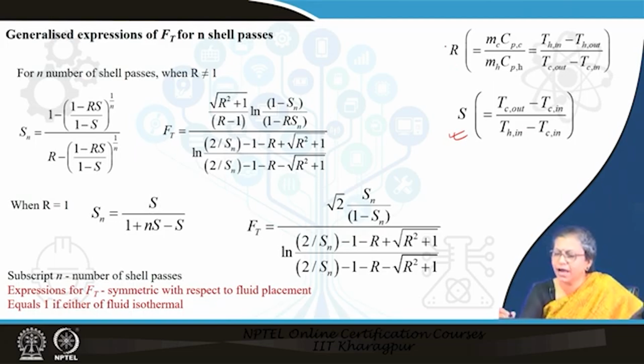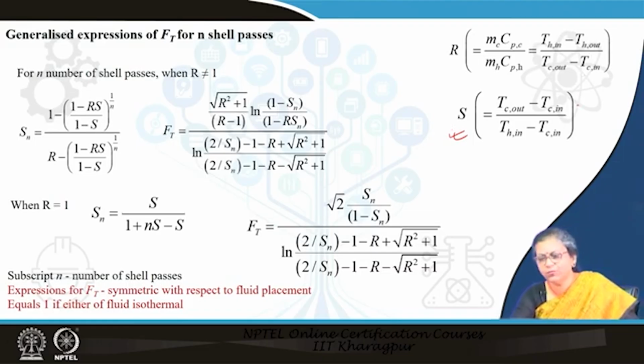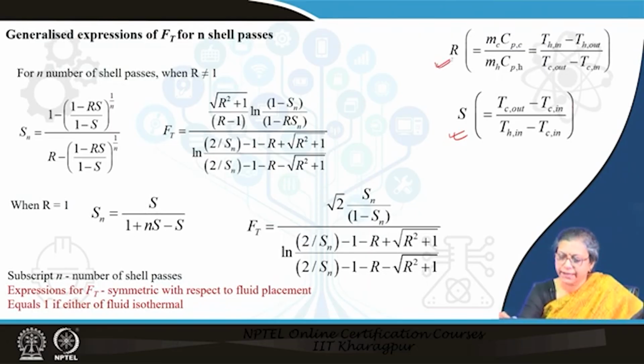So you find that R and S, both of them, are functions of the terminal temperatures. All the 4 terminal temperatures are known to you. Once the terminal temperatures are known, you can find out R and you can find out S.